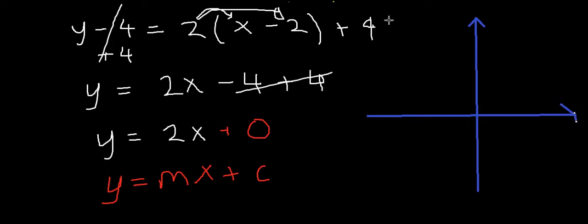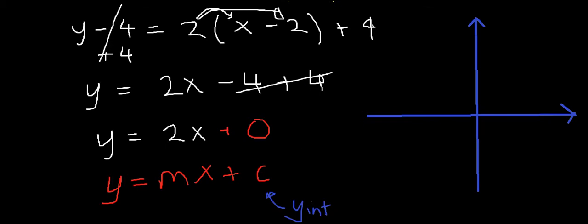Okay, so draw our Cartesian plane. We'll need to know the x-intercept and the y-intercept. Now, like I mentioned, this is a special case where the y-intercept is 0, because we've got a plus 0 on the end, if you like. And c is our y-intercept.